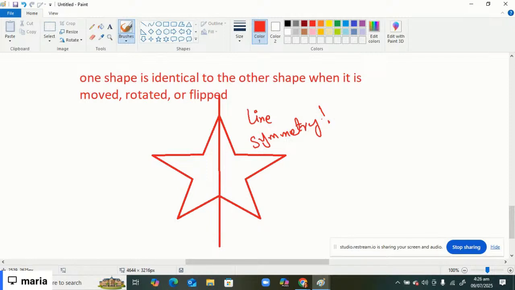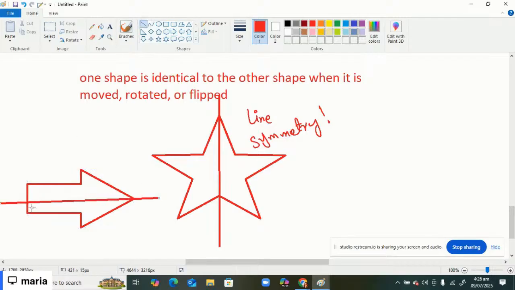Sometimes it is called vertical symmetry, horizontal symmetry, and other kinds of symmetry. Like horizontal symmetry, let's suppose this way, and then we convert it into halves. This is called horizontal symmetry, a horizontal line of symmetry.